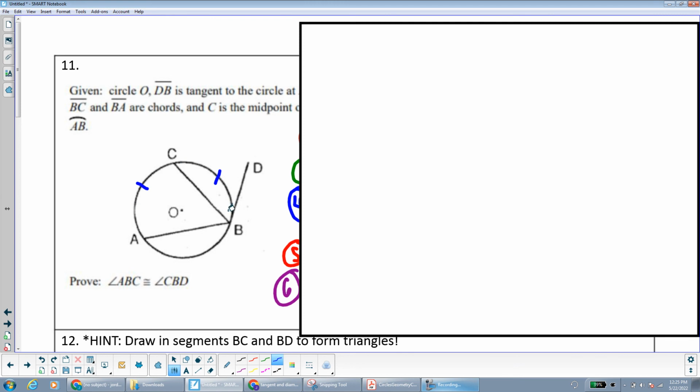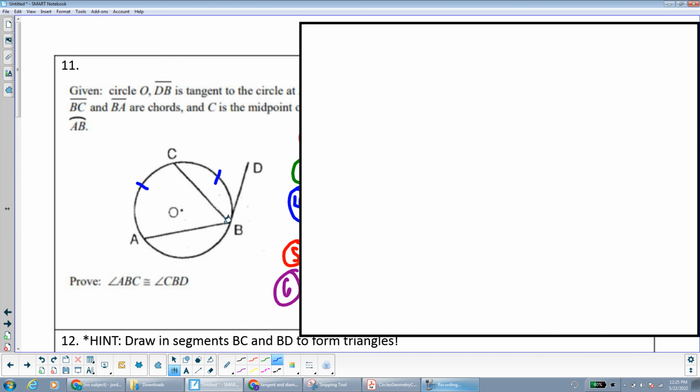Notice how angle CBD is on the circle. It's formed by a tangent and a chord. We spoke about in class how when we have an angle on the circle, it is half the measure of its intercepted arc. We also know that angle ABC is an inscribed angle because its vertex is on the circle.